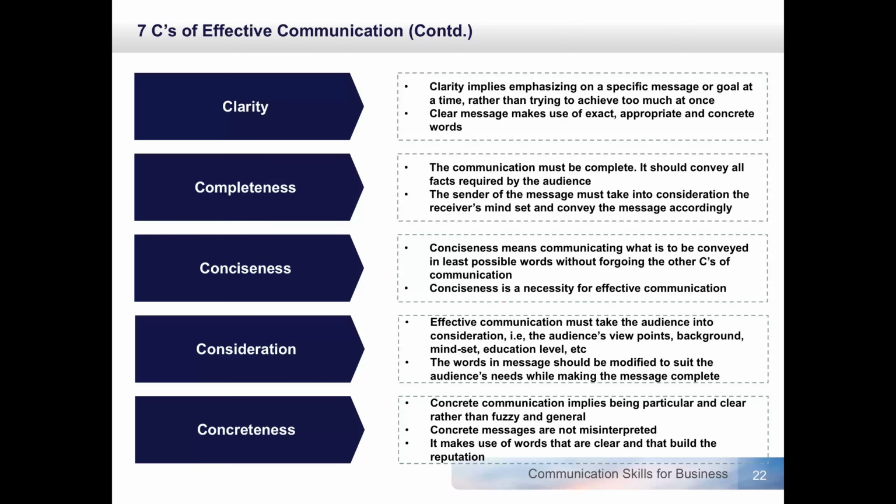So sometimes the messages originate from us all the time. But when we have these messages going across, we have to look at some of these basic aspects of the messages which constitute the 7 C's.